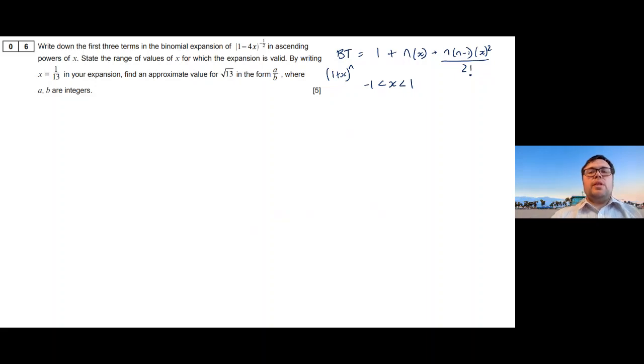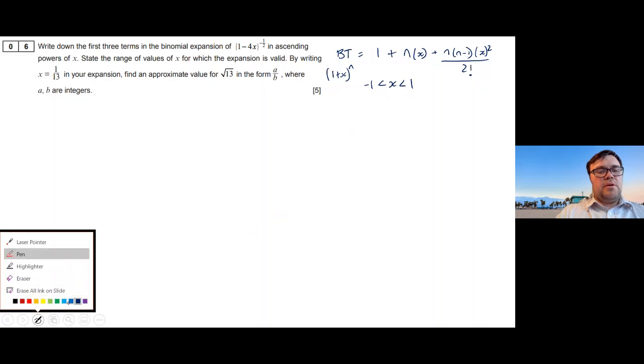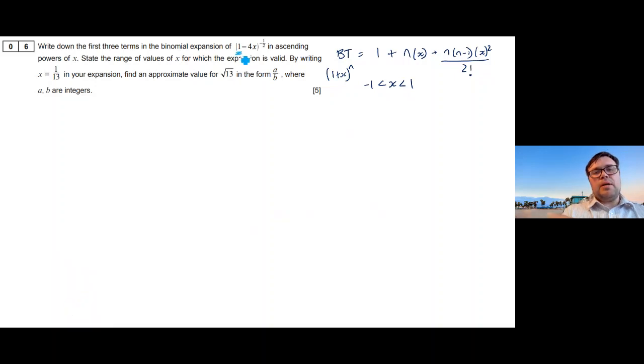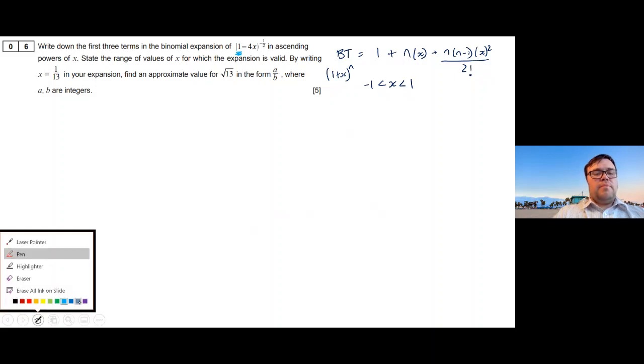Right, now we know all that information, the first thing we need to make sure is that this value here, which I highlight in blue, is a 1. If it isn't a 1, you're going to have to factorize it and take it outside, putting a power on it so that you can have a 1 there. Since this is a 1, we don't need to do any of that.